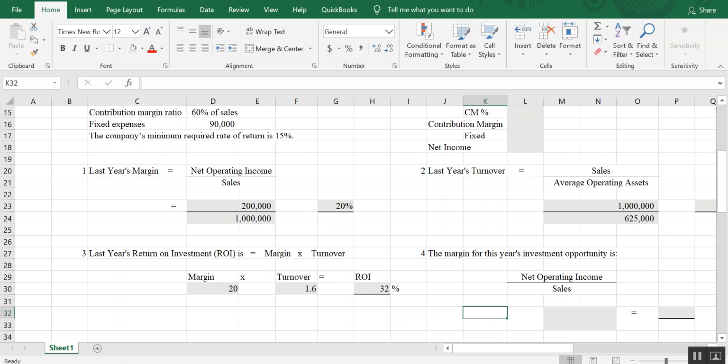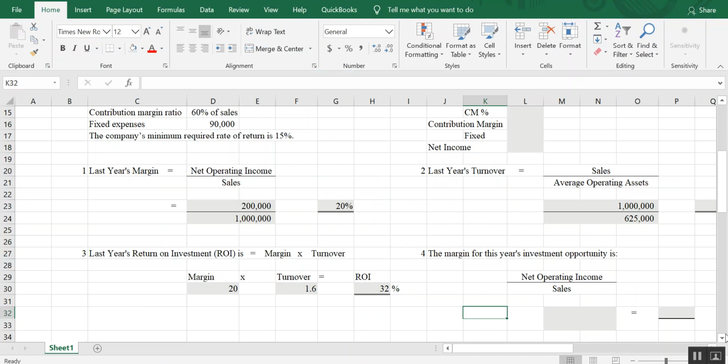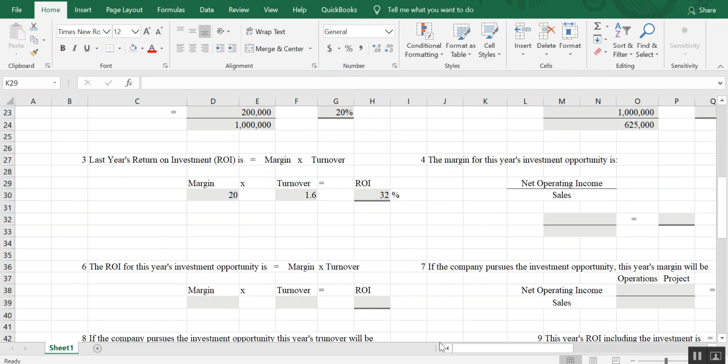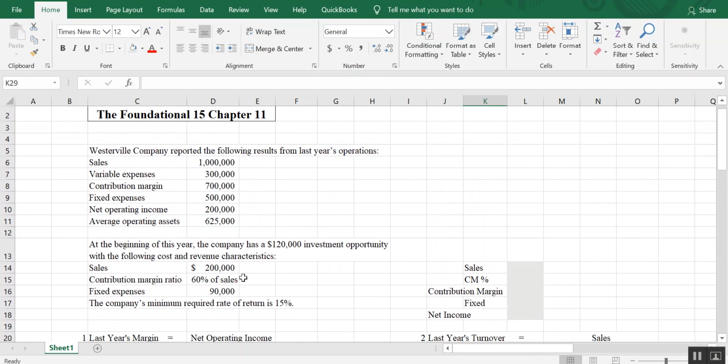Now number 4 is where we start looking at the project itself. We're going to evaluate the project based on margin, turnover, and ROI, and we're going to calculate those in 4, 5, and 6. The first thing they ask us for is net operating income. If you've been reading the data, you'll notice they don't give us net operating income on the project, so we have to calculate it using a contribution format.